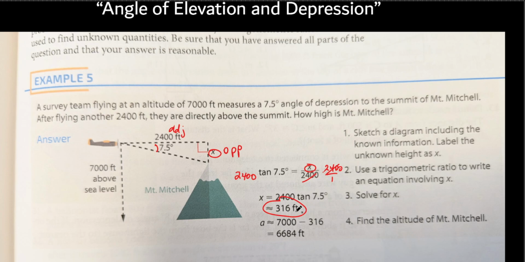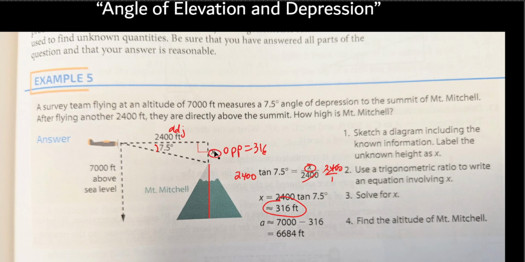Put it in a calculator, you get 316 feet. Is that my answer, 316 feet? Is that how tall that mountain is, 316 feet? No. Okay, that's just this little part right here. Okay, so that's the opposite. Okay, we'll put 316. What you're trying to find is this. You're trying to find from there to there. All right? So how do I find that? Well, I knew the whole thing was 7,000.